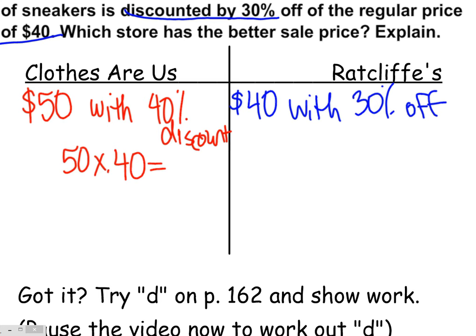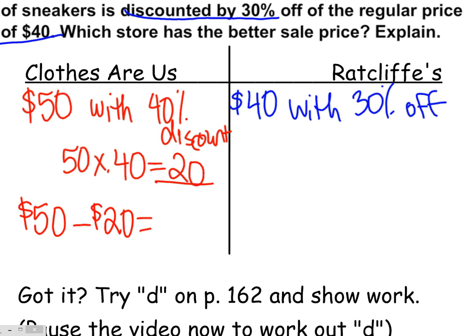I'm going to double check because I make mistakes. Okay, $20 is your discount. You can also think 10% of 50 is 5. 5 times 4 for 40% is 20. So when we find the discount, you subtract the original sale price minus your discount. That gives you a brand new price of $30 for the sneakers.